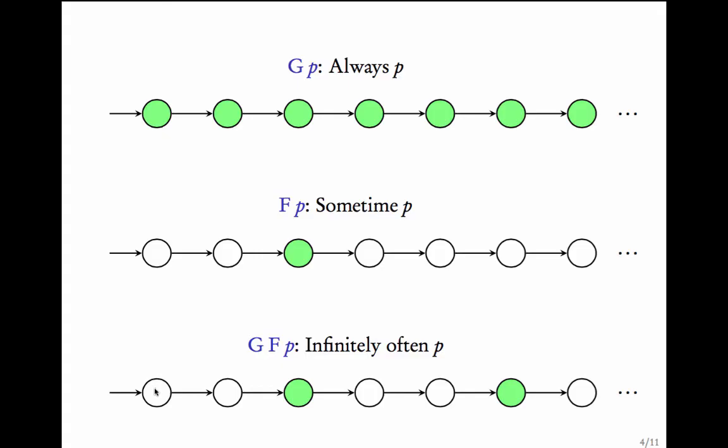That means from every state, there is a future state where P is true. That means infinitely often P. So here FP is true, here FP is true because of this, here FP is true because of the state itself, here FP is true because of this state, here FP is true because of this state, and so on.